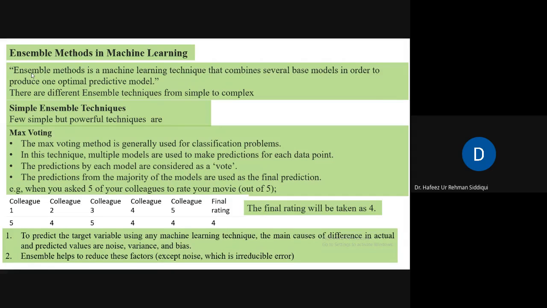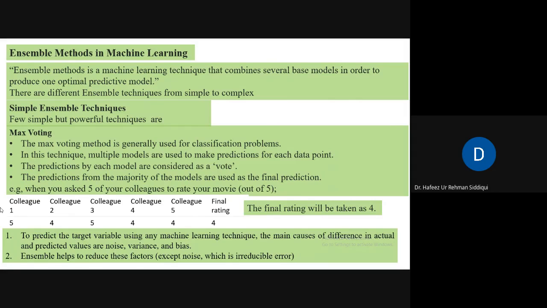So why are we using ensemble methods? To improve the performance. And what are the issues in predicting something? We have those issues: noise, variance, and bias. Or for more simplicity, I will say noise, overfitting, and underfitting.